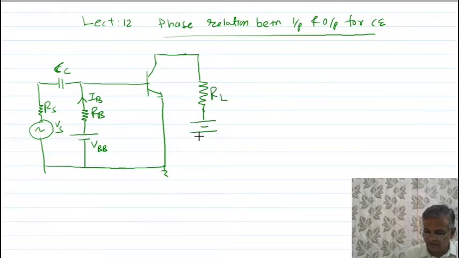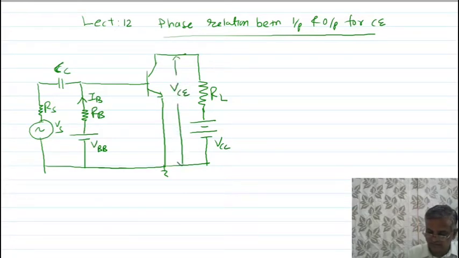This is the supply voltage VCC. This voltage I am writing VCE voltage, and here is your coupling capacitor CC, and you can get the output across RL.